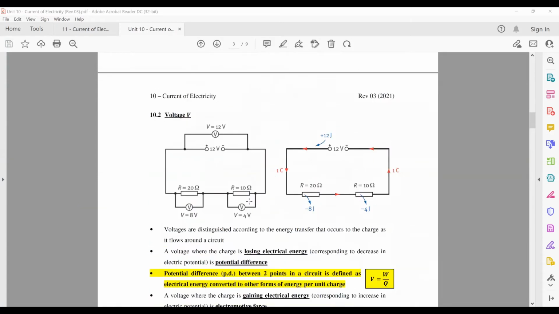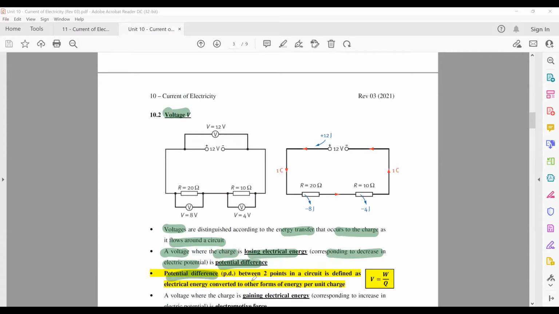Okay, then we go to the next property that you need to know, which is voltage V. Now voltage is normally distinguished according to the energy transfer that occurs to the charge as it flows around the circuit, similar to the analogy I gave earlier. A voltage where charge is losing electrical energy, corresponding to a decrease in electric potential, is potential difference.